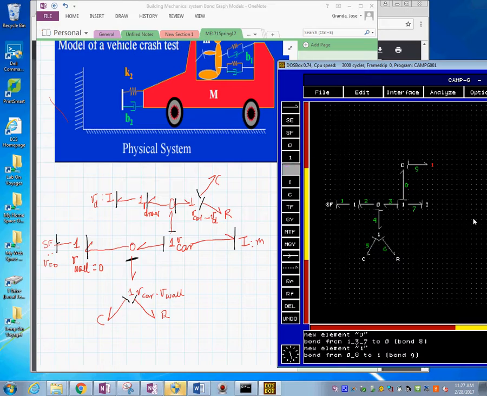And then we have the C. Okay, we just put the seat belt on. And then over here we need this 1.